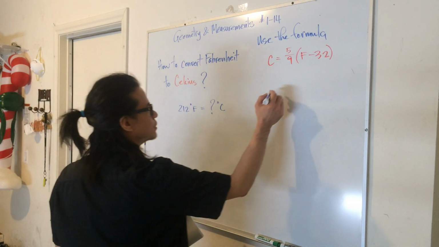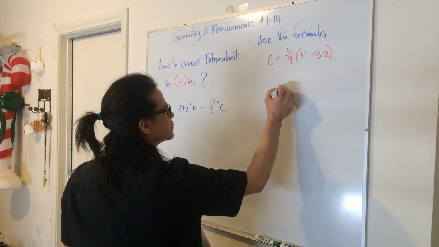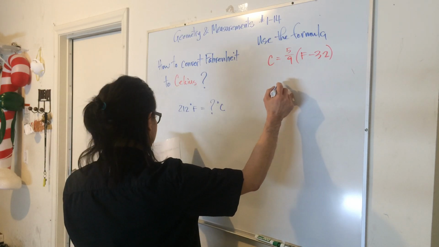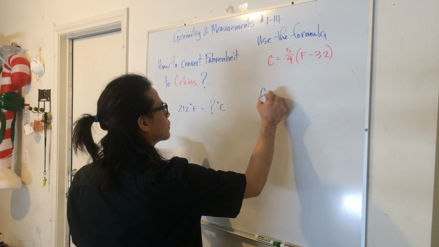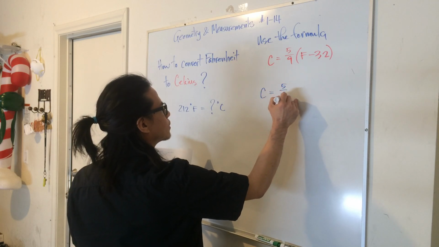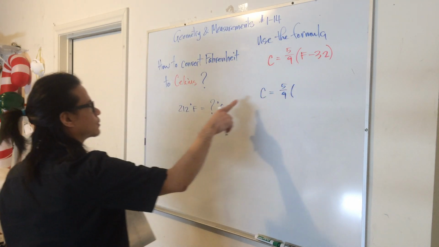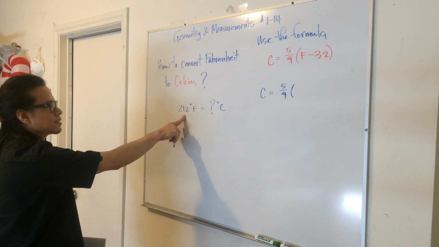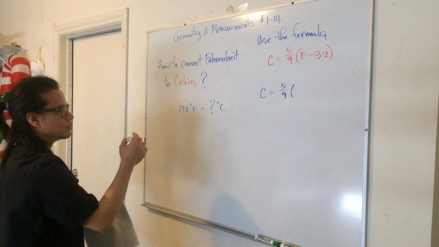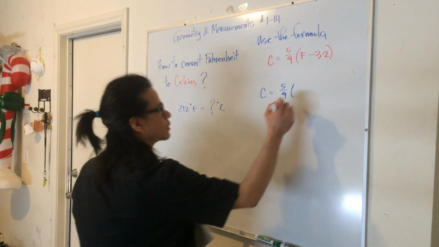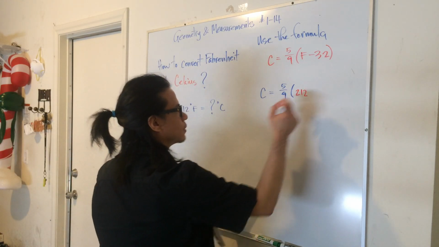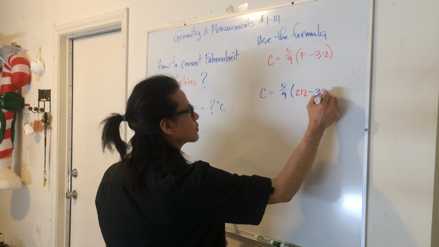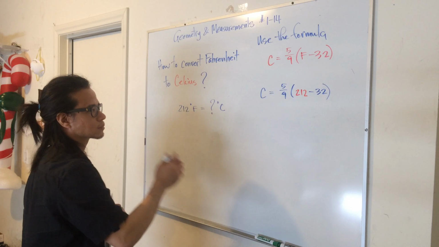So C is equal to 5/9 times the Fahrenheit temperature that should be given. It is this here, 212, minus 32.